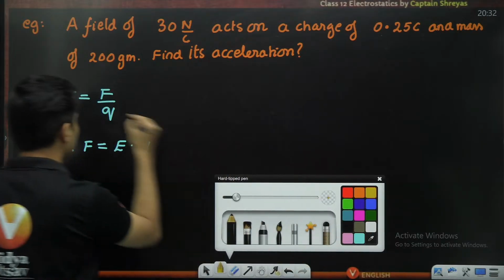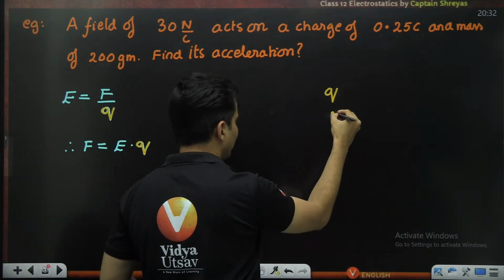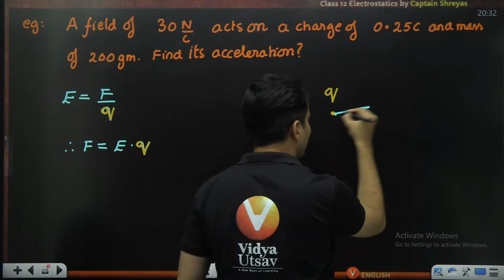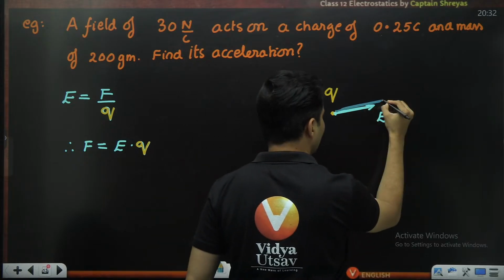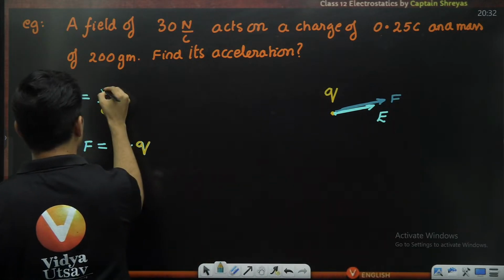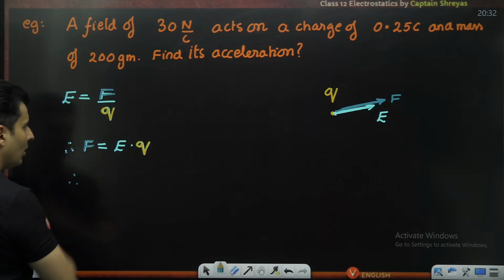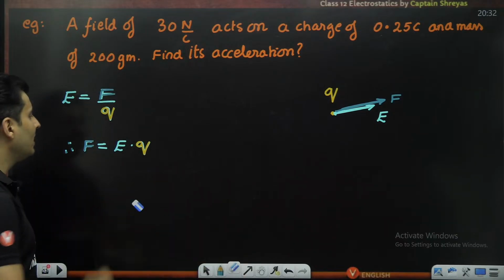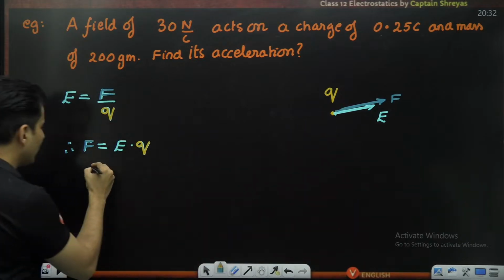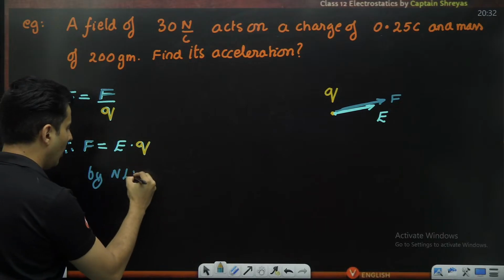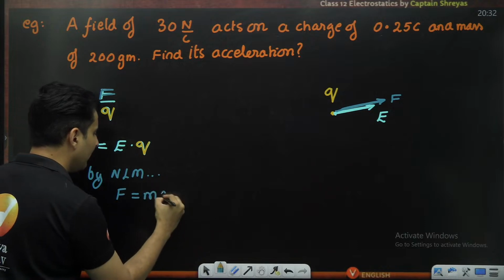Think of it like this: you have a charge kept in some field, somebody's field. Because of that, it experiences some force. So we are first figuring out how much that force is, and that came out to be E into Q. But we all know by Newton's law of motion that this force is mass into acceleration.